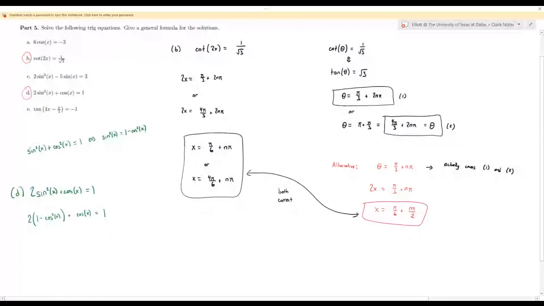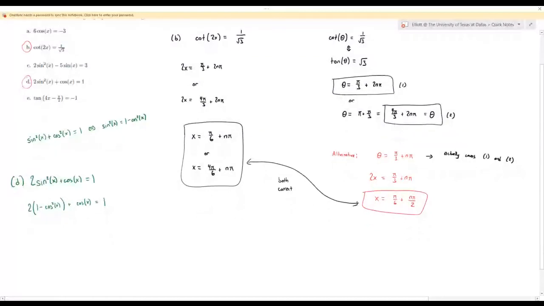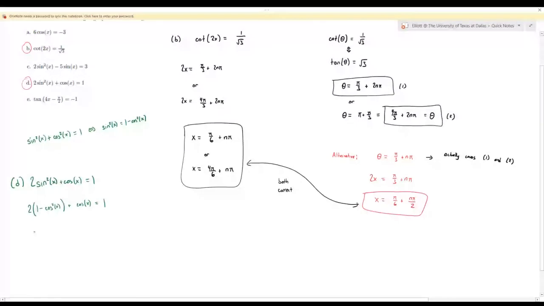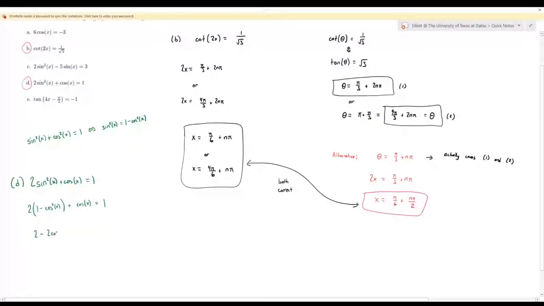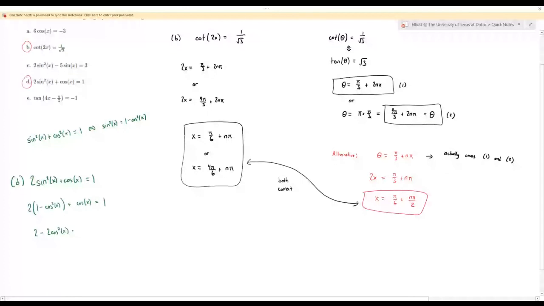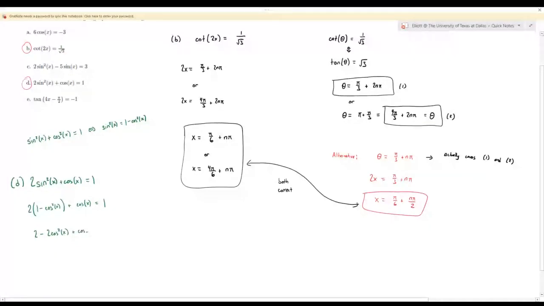So now at this point, I'm going to do just a little bit of simplification. I'm going to maybe distribute the 2 first. So it'll be 2 minus 2 cosine squared of x plus cosine of x, and then equals 1.